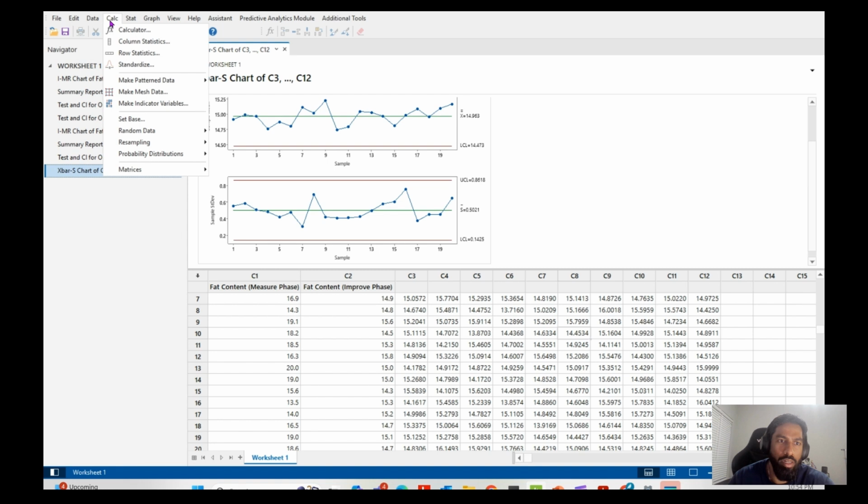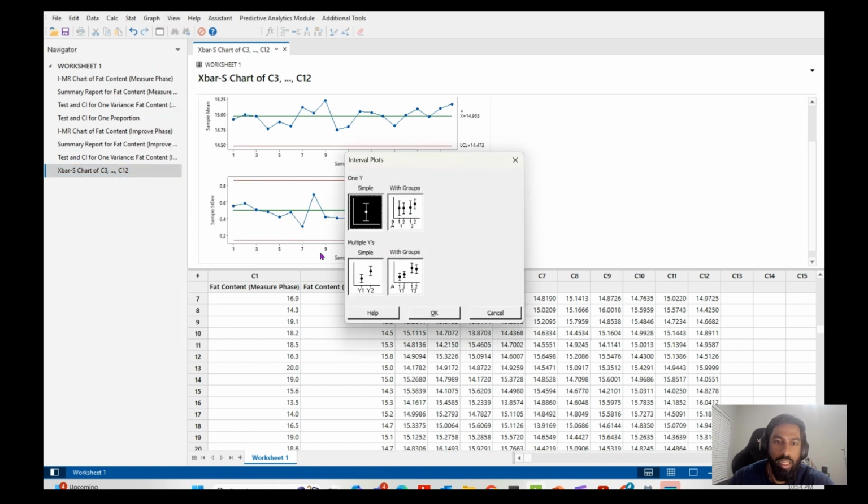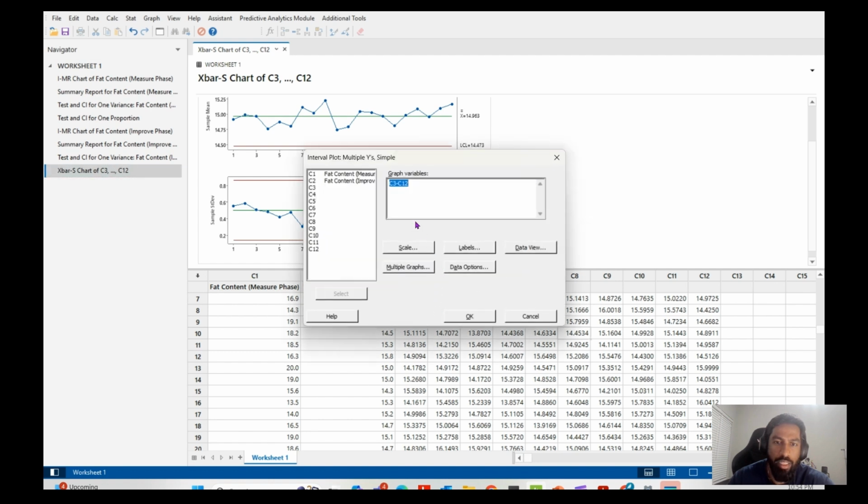For interval plot, you can go to graph, go to interval plots, and since there are multiple columns but no groups, you can select multiple Y's, simple, hit OK.